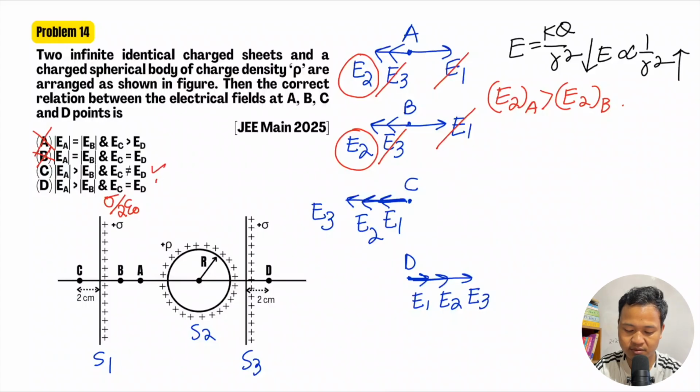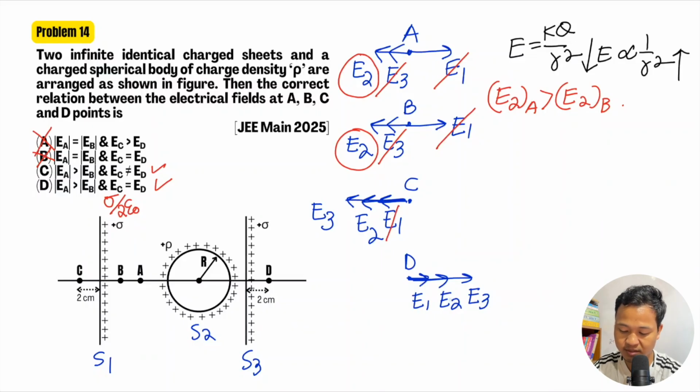Okay, let's see. Again, due to S1 and S2. So here, due to the surface 1 at C it will be sigma by epsilon naught, at D also.